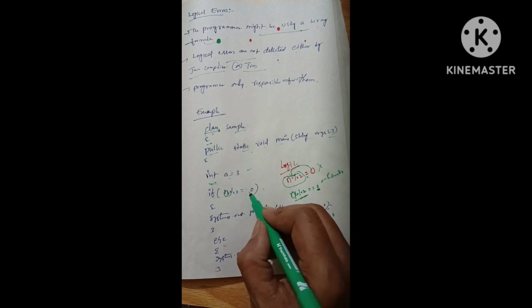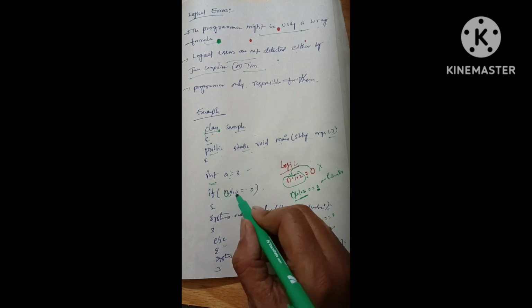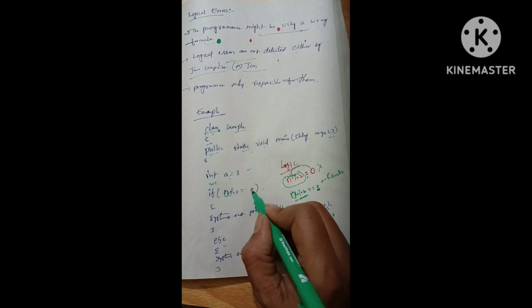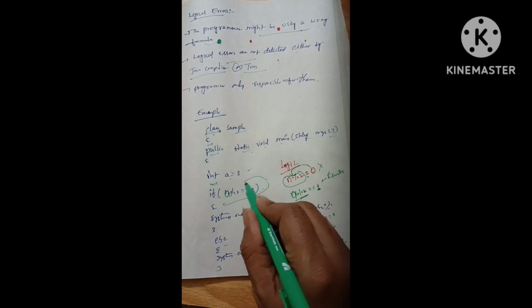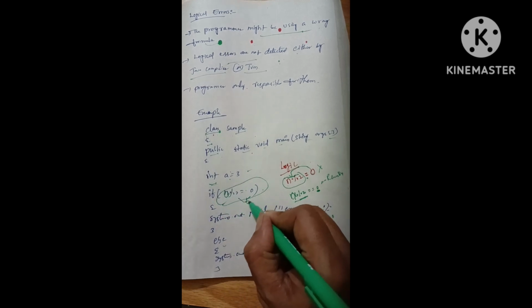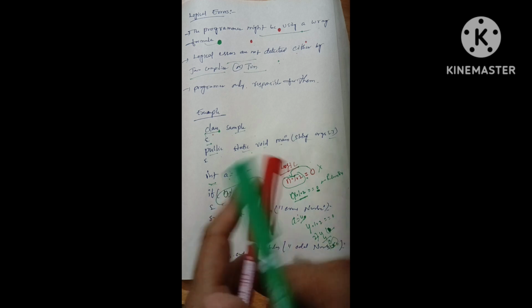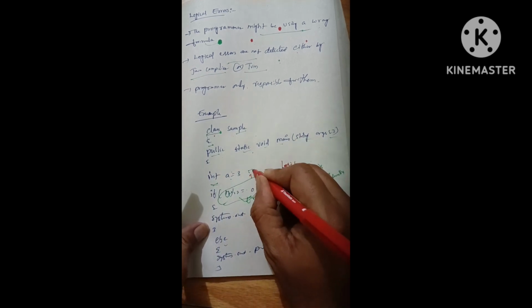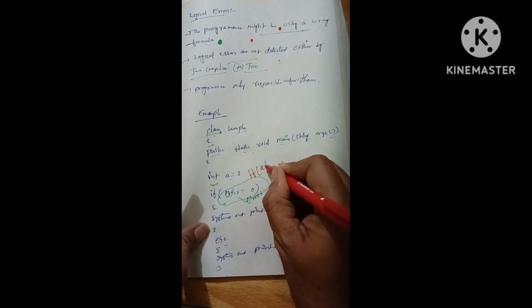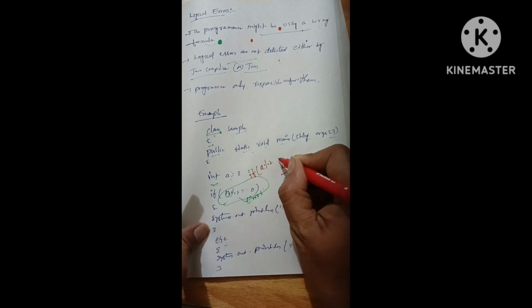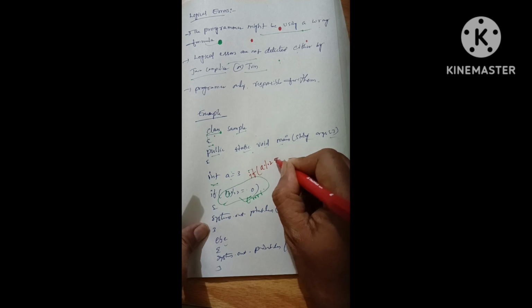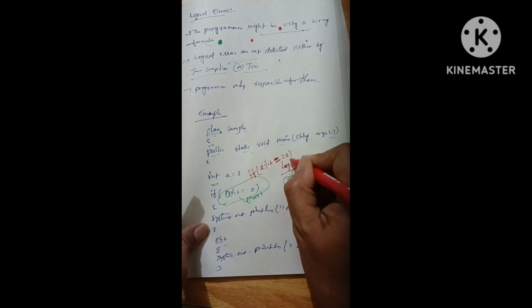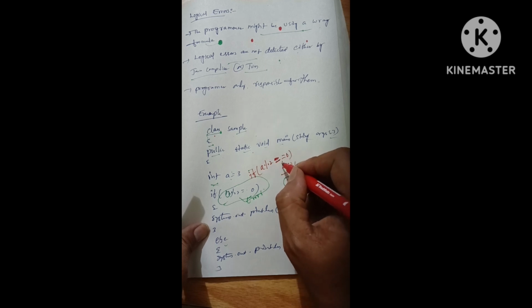But here, a modulus 2 equal to 0, this is the error. What is the formula for this? If a modulus 2 double equal to 0, only then can we take it as the formula. The equal to is missing in the formula.